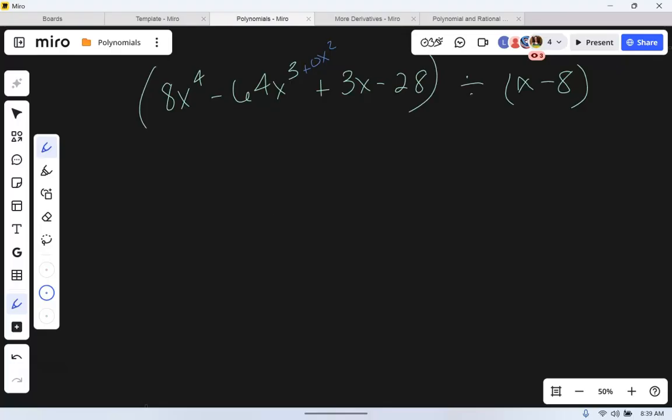So let's set it up. I got x minus 8. That x looks wonky. I'm sorry. Into 8x to the 4th minus 64x cubed plus 0x squared plus 3x minus 20.